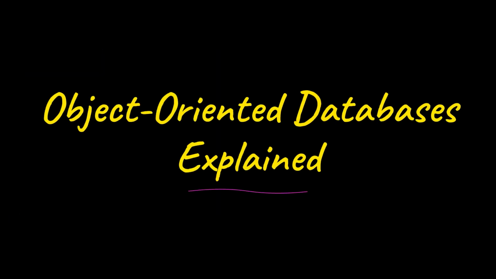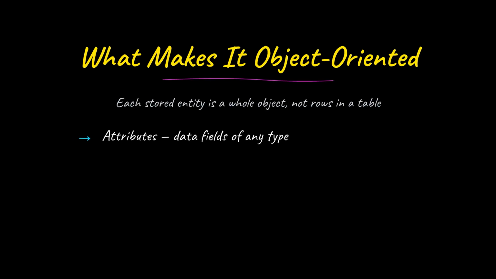Object-oriented databases are built to store complex objects that combine structured fields, multimedia, and text as a single coherent unit. This is fundamentally different from how relational databases work, and understanding that difference is the key insight. Each object in the database keeps its attributes, methods, and relationships intact.